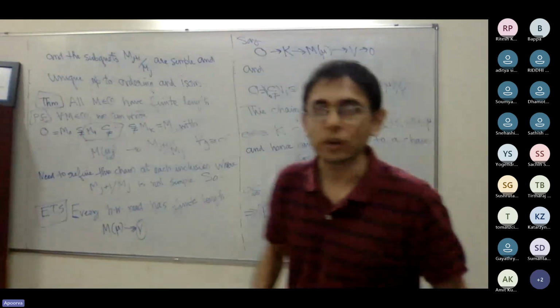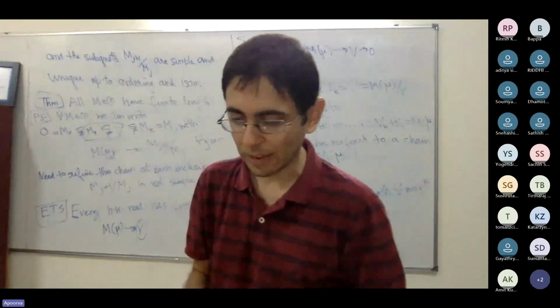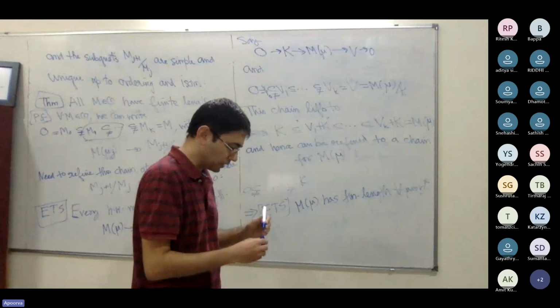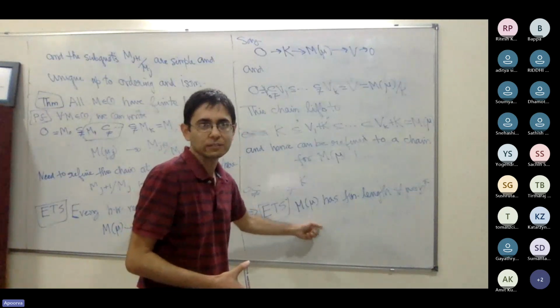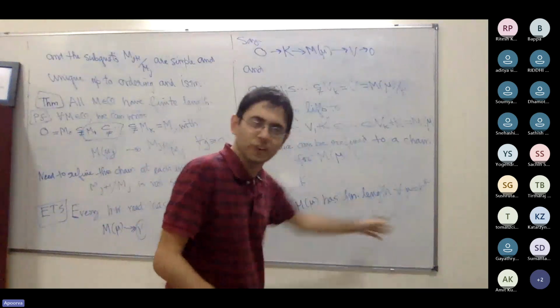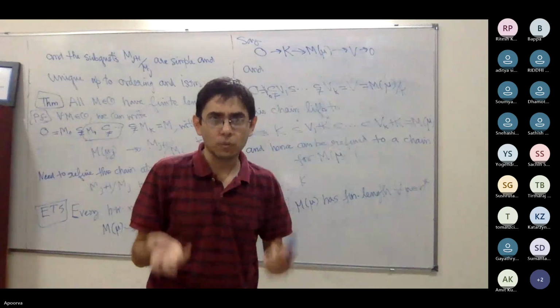And now I will apply this Jordan-Holder theorem. I want to give you an actual number that works for every single one. So given a module mu, or given highest weight mu, I want to give you one integer n so that every chain for mu has length at most n. What is this number?